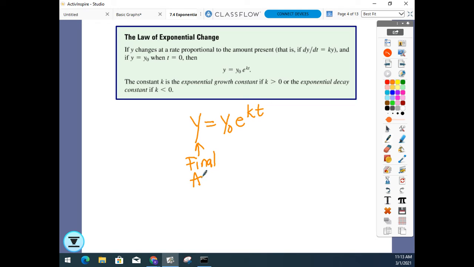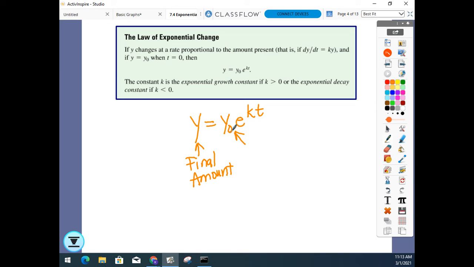This is always representing the final amount of anything, whether it's money, whether it's grams, or in biology, you'll talk about exponential growth and decay. So this is always the final amount.